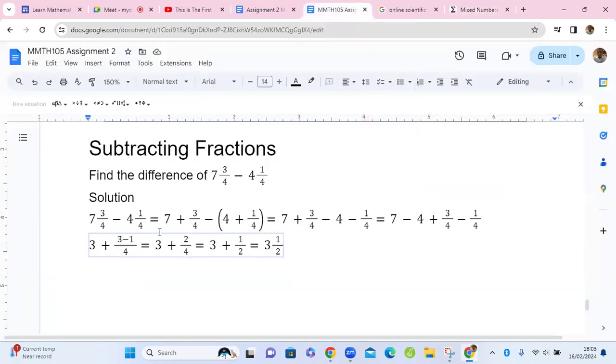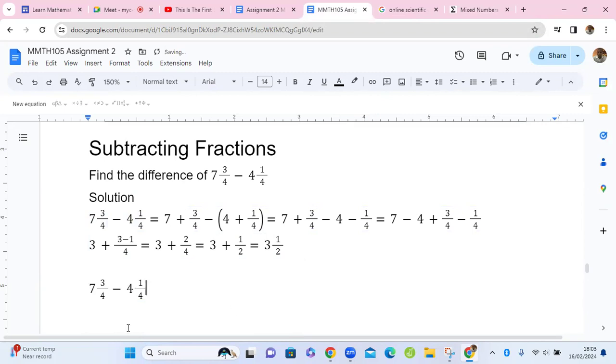Another way to do this is to convert the mixed numbers into improper fractions. 7 4s are 28 plus 3 gives us 31. 4 4s are 16 plus 1, that will give us 17 over 4.